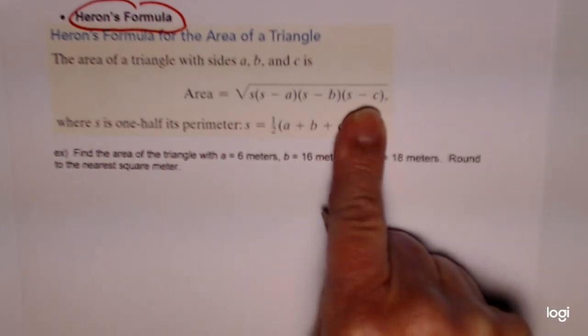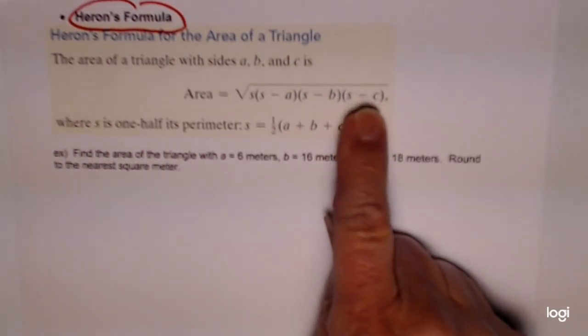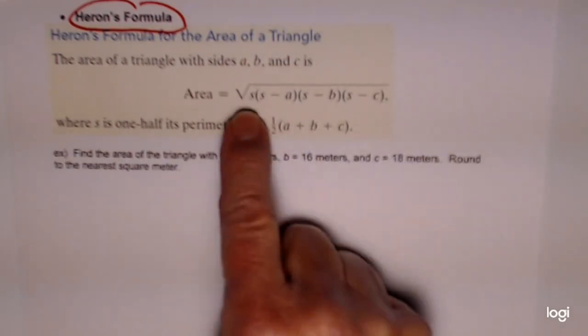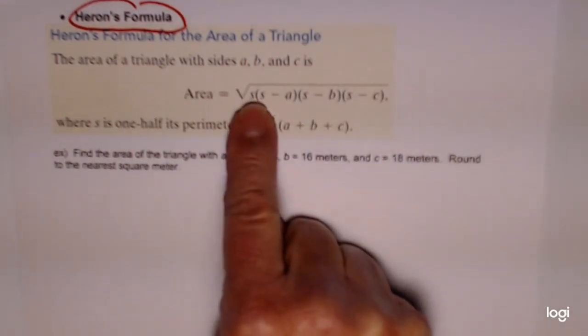So we're going to find this S, subtract the length of each of the sides from it, multiply it by S, and then take the square root.